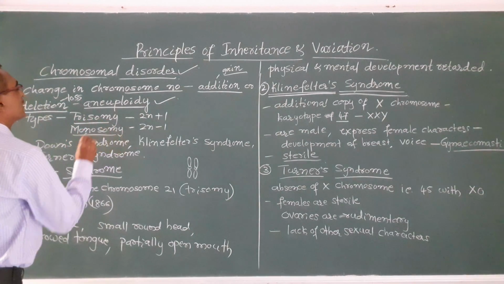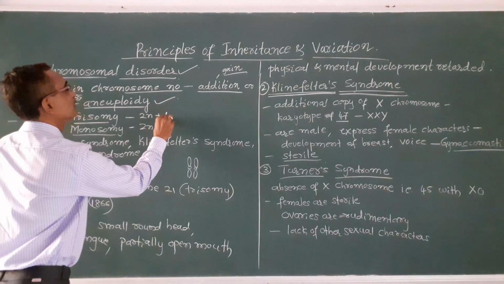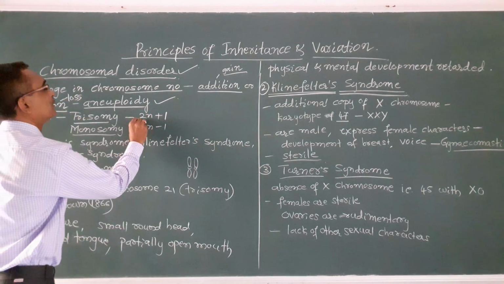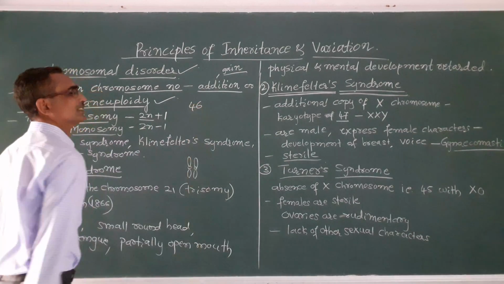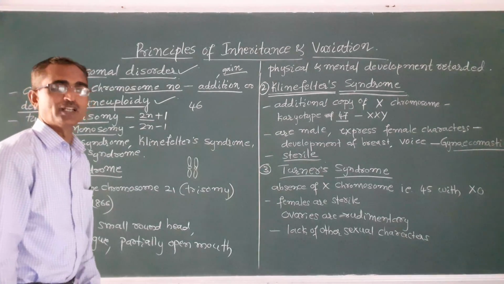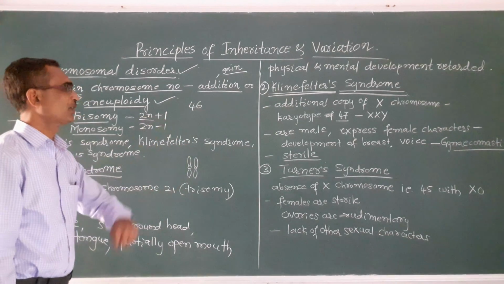Trisomy and monosomy. In the case of trisomy, addition of one chromosome takes place. 2n is diploid, that is 46 in human beings: 2n is 23 pairs, 46 chromosomes.